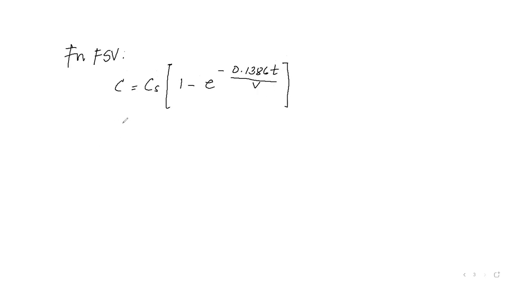Now your C, your concentration here, the achieved concentration at the time which we want to know how long that would be, would be 75% of the solid, or of the 28% A that is present in your solid.